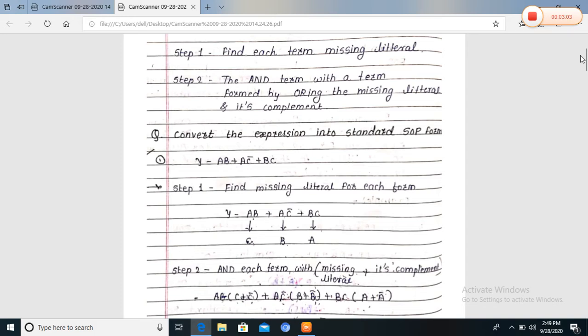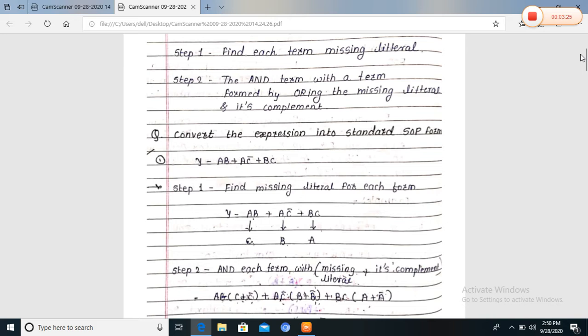So in the next step, AB into the bracket C plus C bar. AB is ANDed with the missing literal in the first term, C, ORed with its complement, C bar.